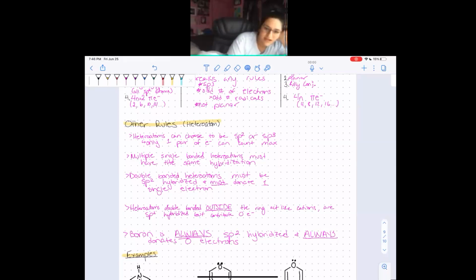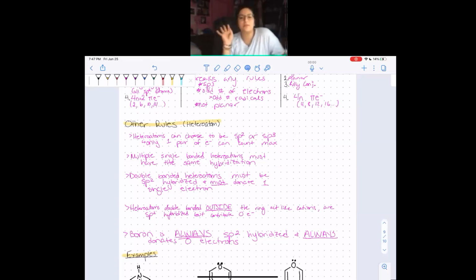So, sometimes we have heteroatoms in our ring, right? Again, a heteroatom is any oxygen, nitrogen, boron, sulfur, things like that. These atoms can choose to be sp2 or sp3.